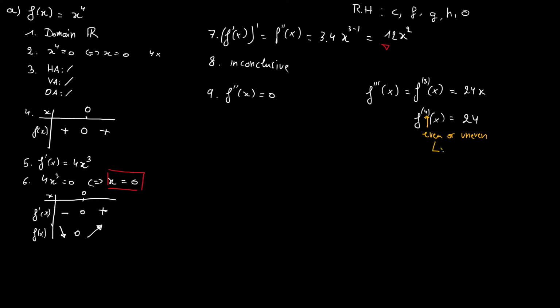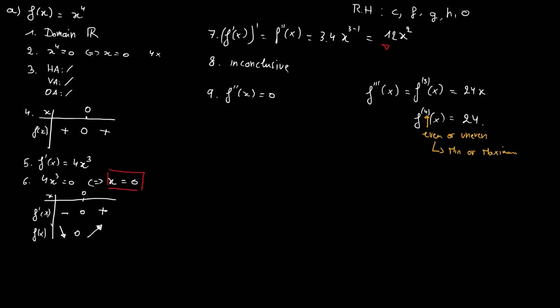And when it's even, it means that we either have a minimum or a maximum at the point that we're investigating, which in this case is where x is 0, because our point 8 was inconclusive.